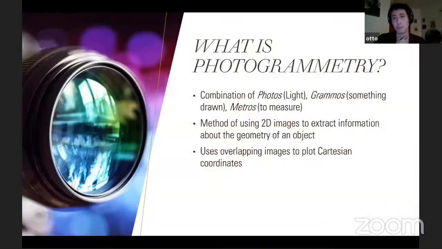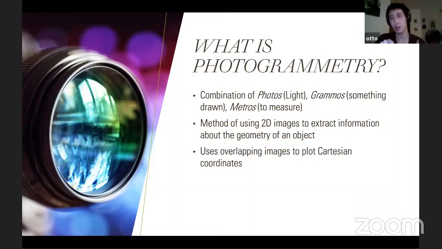So to start off, what is photogrammetry? Well, basically, it's a method of extracting three-dimensional coordinates from two-dimensional images. So essentially what it does, put very simply, is use trigonometry to determine a distance to a specific point from any two given images.